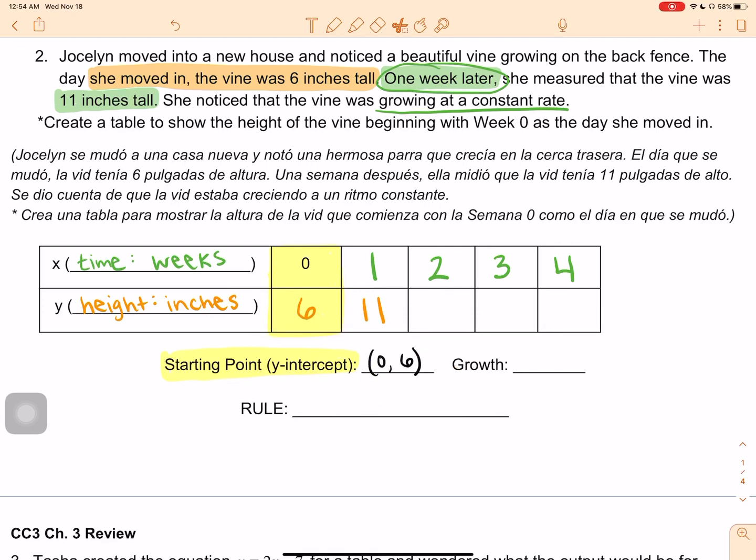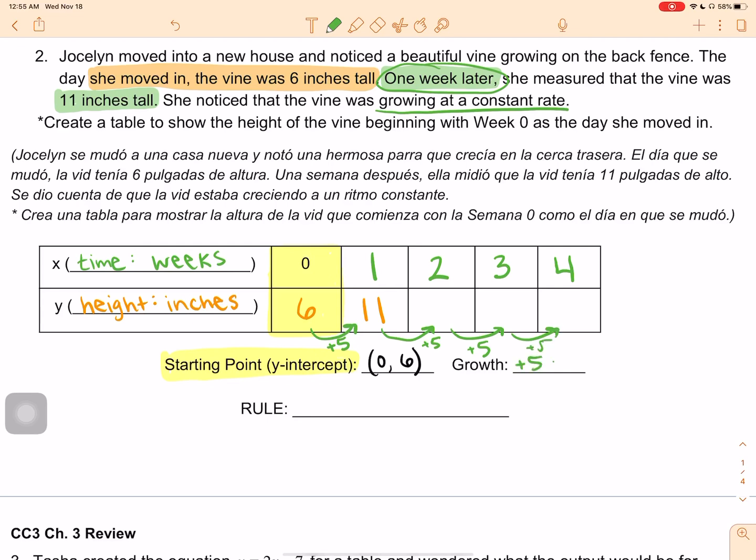So now I need to figure out the growth. If it's a constant rate, that means she's telling us it's growing the same amount every week. So to go from 6 to 11, how much did it grow? Pause the video. You should get that it's growing by 5 inches every week. So our growth is a positive 5.